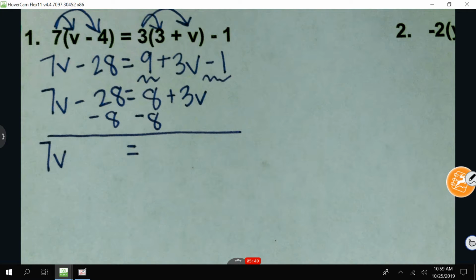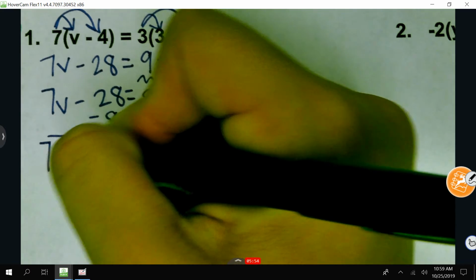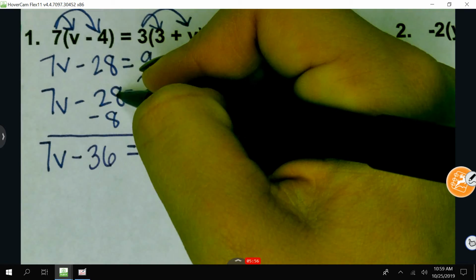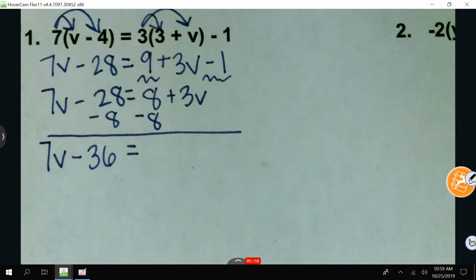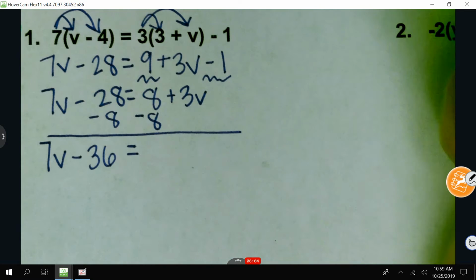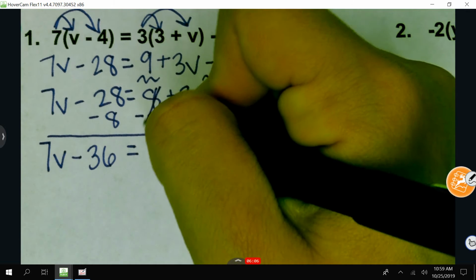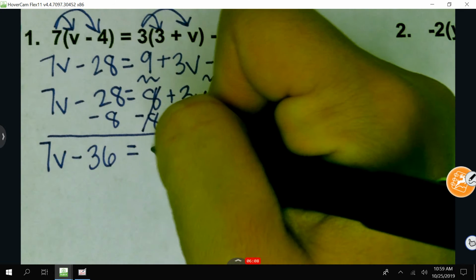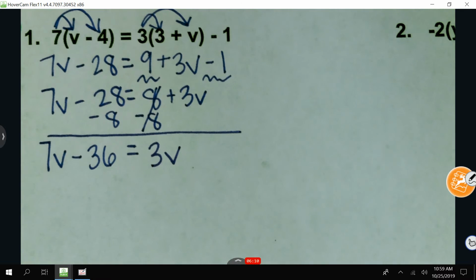Negative 36, right? Because it's negative 28 minus 8. So negative 28 plus negative 8. You add the two and they're both negative. And then my 8s cancel over here, leaving me with just 3v.